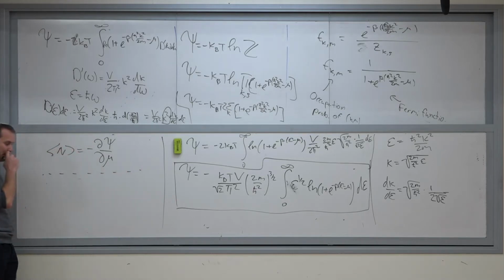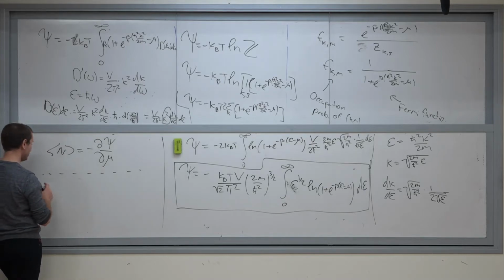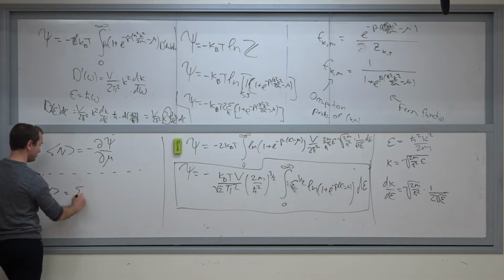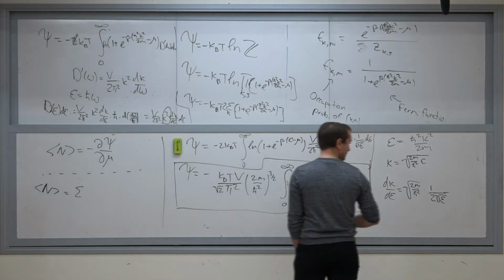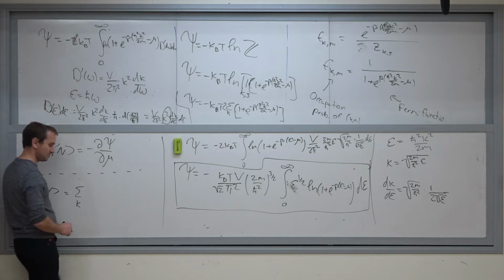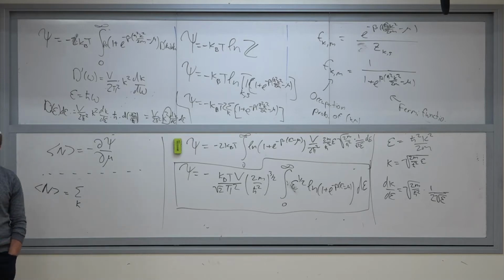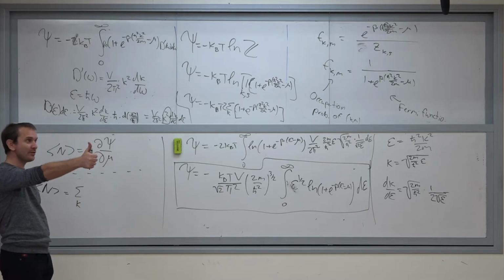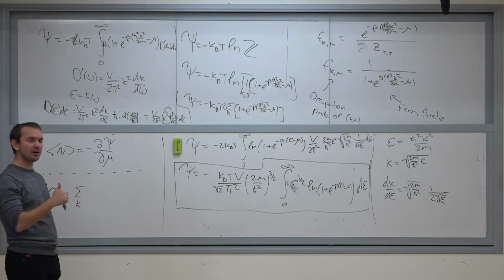what is n average? N average is the sum over all k, okay? And for each k, either the state with k is occupied, then I have exactly one particle over there, or the state is not occupied, so I have 0 particles over there.